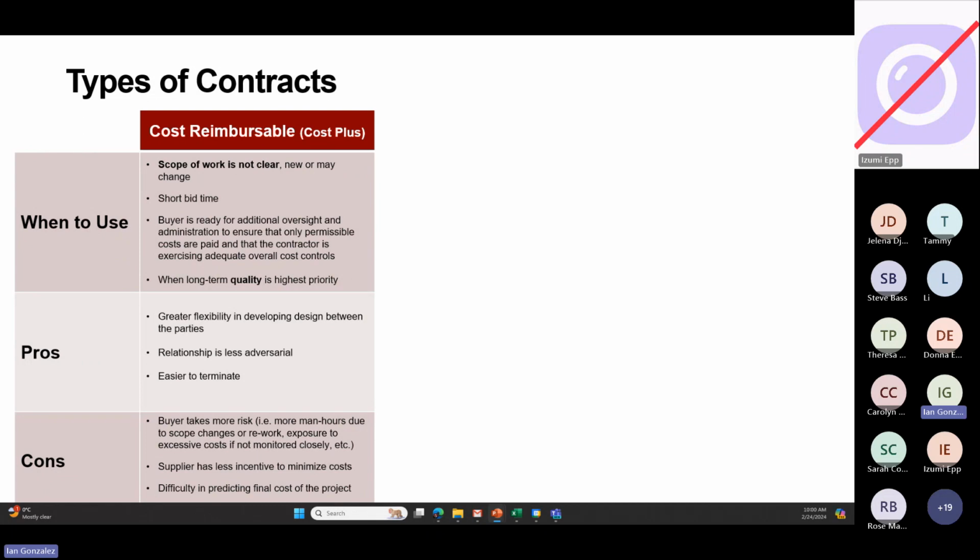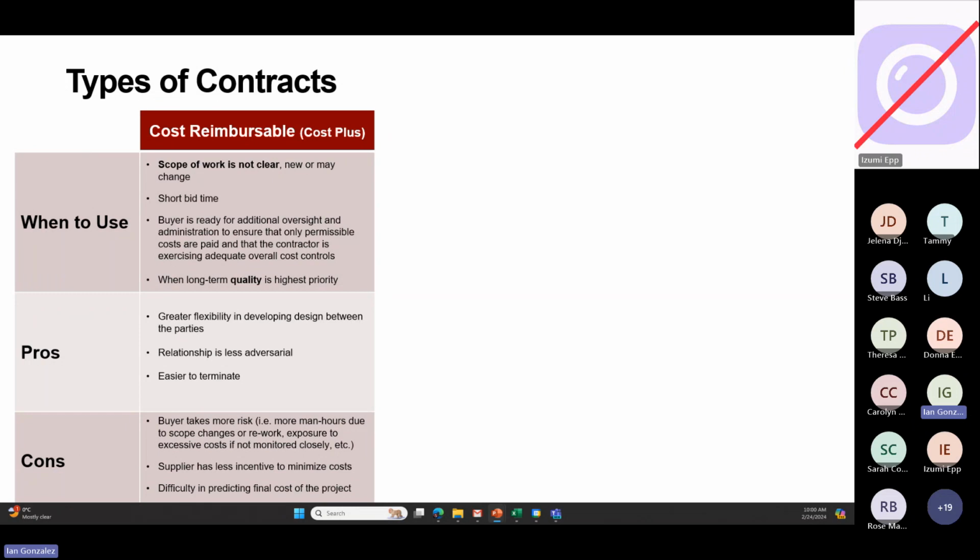What that means is when you take on a cost reimbursable agreement with a supplier, there's work on you to make sure that they are charging properly. And use it when long-term quality is the highest priority, not cost or schedule, it's the quality.